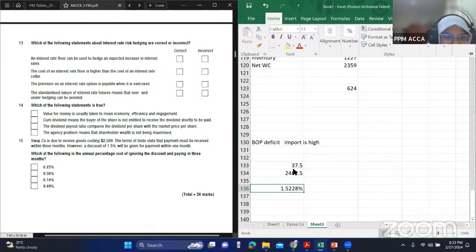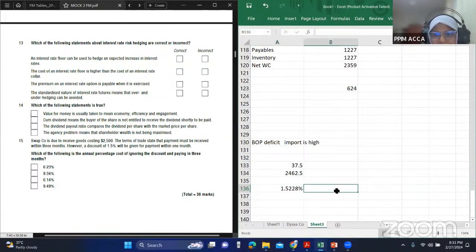But you get this only, what is the actual payment period? 3 months. But you will get it if you pay in 1 month. So 3 minus 1, this is a discount for a period of 2 months.